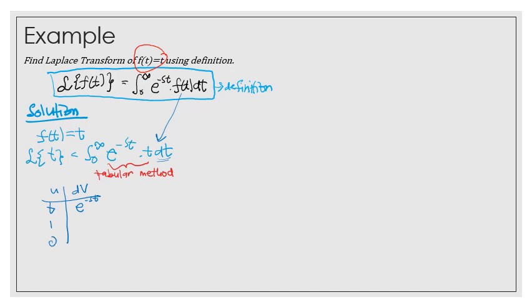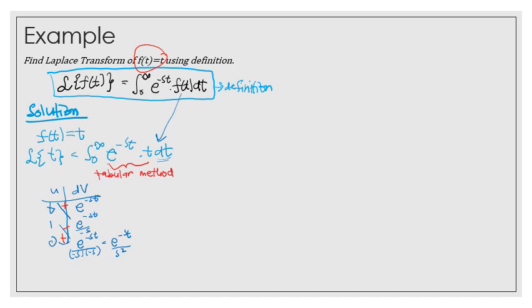For exponential minus st, we integrate this one, we will get e to the minus st over negative s. Then we integrate one more time, we get e to the minus st over negative s multiplied by negative s, which is equal to e to the minus st over s squared. I always put the signs plus, minus, plus.